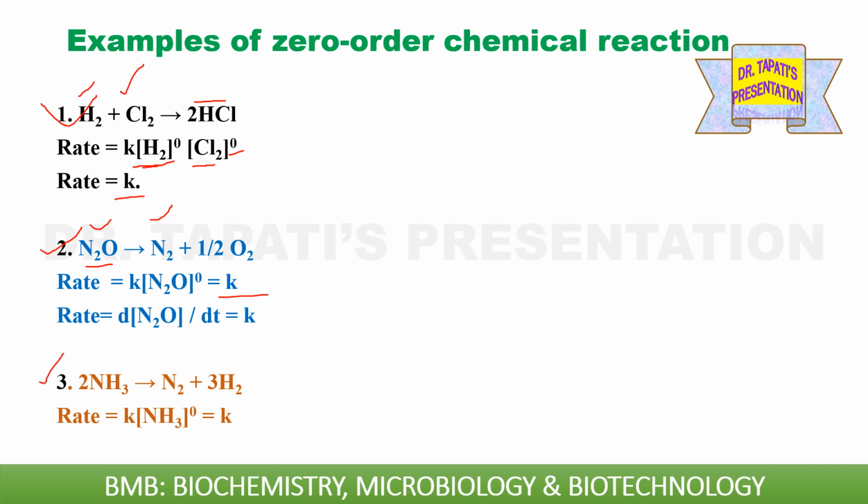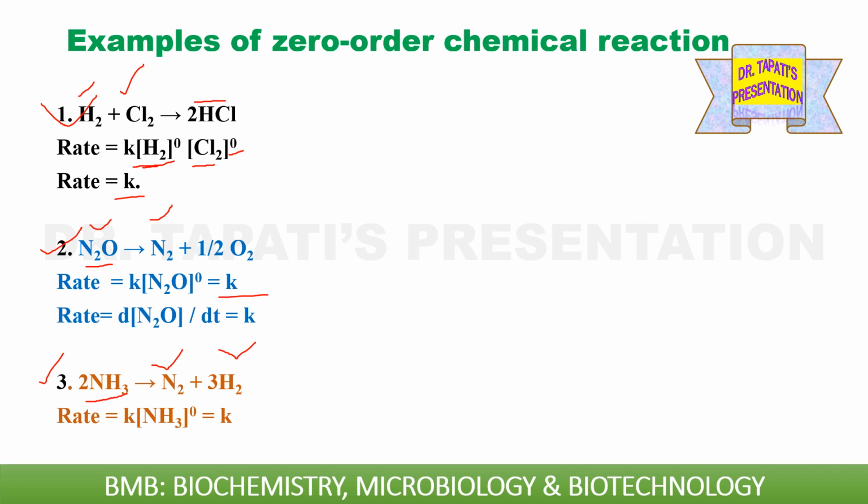In the third case, it is the reaction for decomposition of ammonia gas on hot platinum surface. Decomposition from NH3 to N2 plus 3H2. In this case, substrate or reactant is NH3.